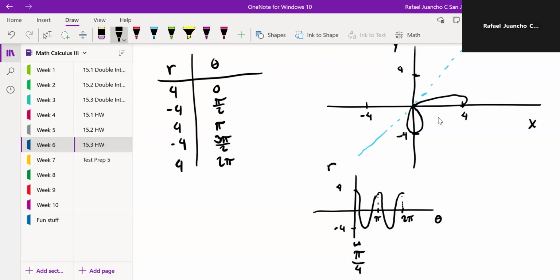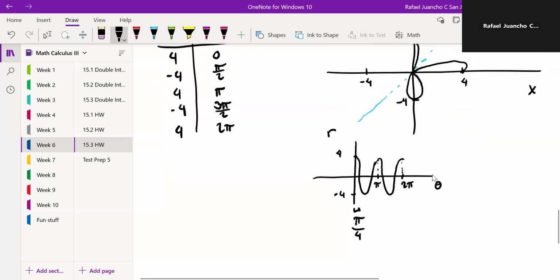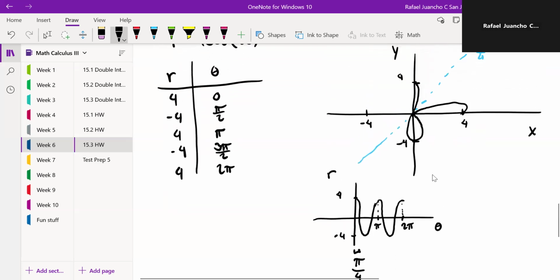I think I just go up here pretty much. Yeah, and then I go down again, back to zero. Then I go down here, that's 3 pi over 2. I go here. And then I go back to zero.